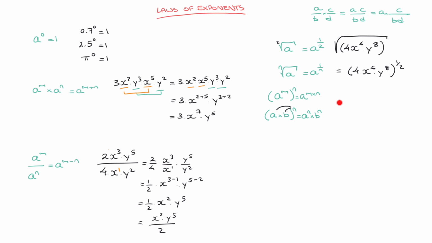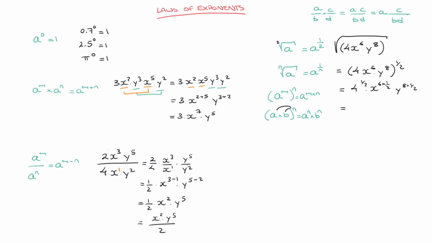Now, using all of that for this, we can therefore say that that's going to equal to 4 raised to the power of a half times x raised to the power of 6 times 1/2 times y to the power of 8 times 1/2. And hopefully you can see there. This will equal to 4 to the power of a half, which, remember, is the same thing as the square root.